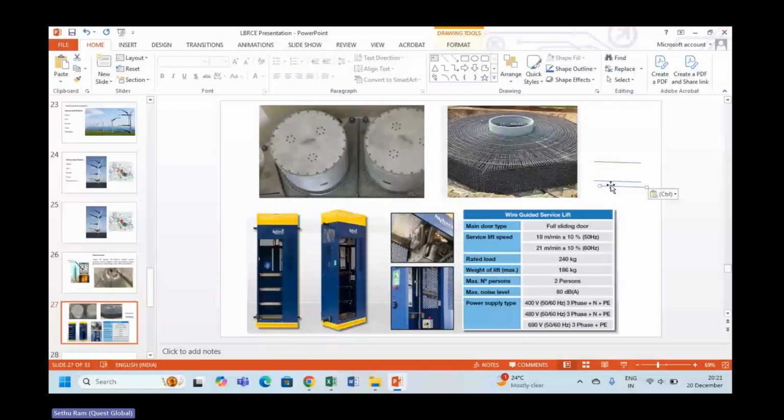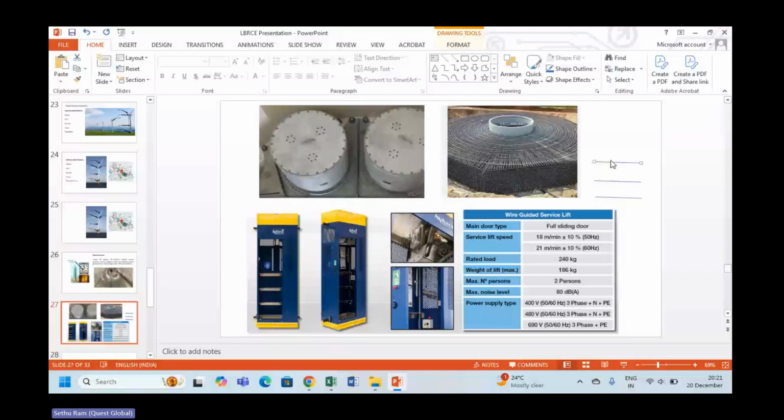Like that, one platform over the other, stacked one by one. If more damping effect is required, they will use four platforms. If less damping is required, they will only use two stacks. Like that the damper will be used.